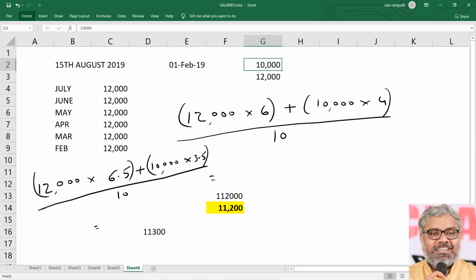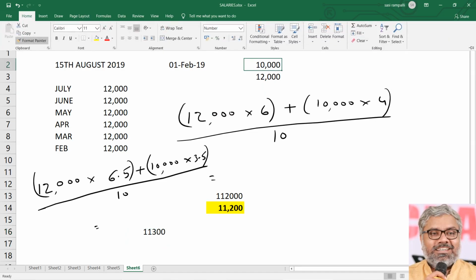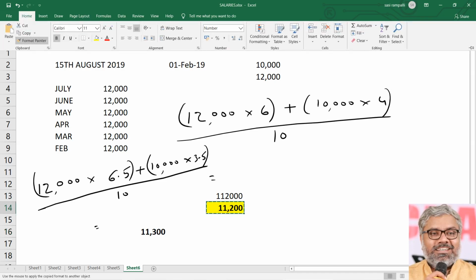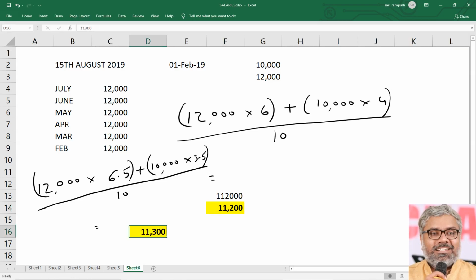So the calculation is different when it comes to the computation of average salary for the purpose of gratuity and the computation of average salary for the purpose of leave salary. That is the essence we need to get from this.